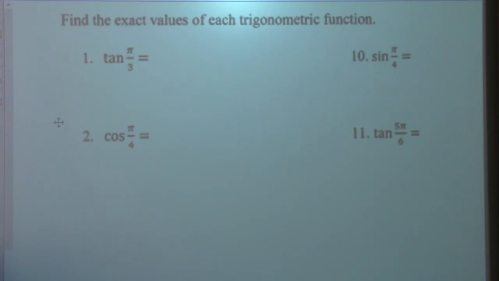I already know like 2, that's going to be square root of 2 over 2. I know that one. I know this one's going to be the same.